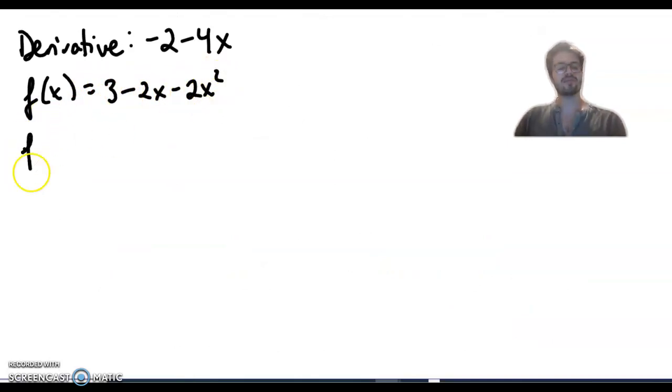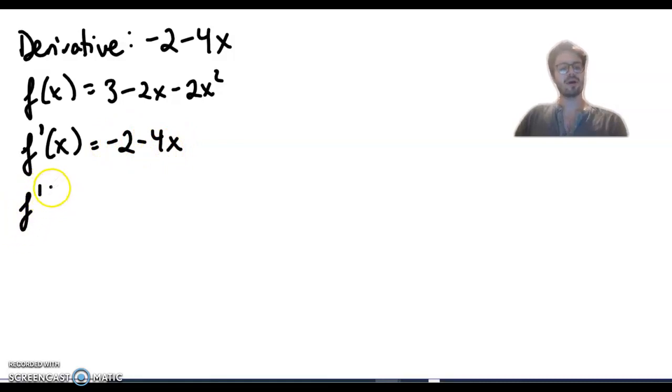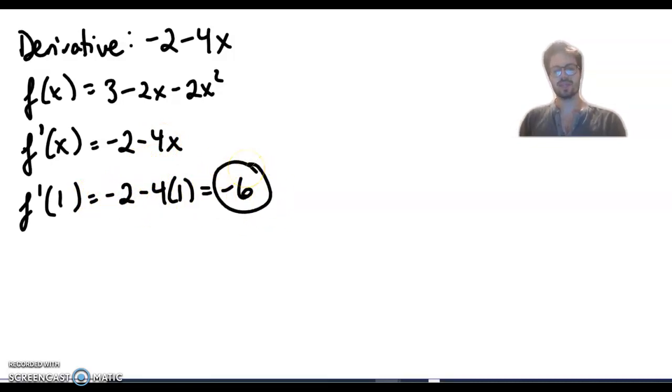Another way we can write the derivative is we put this little symbol here. We call this f prime of x. And now I want to know right at 1. So I'm going to plug in 1. What is the derivative? Negative 2 minus 4 is negative 6. So what that means is the slope of the tangent line at that point is negative 6.